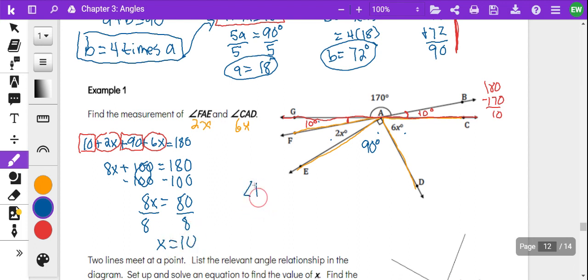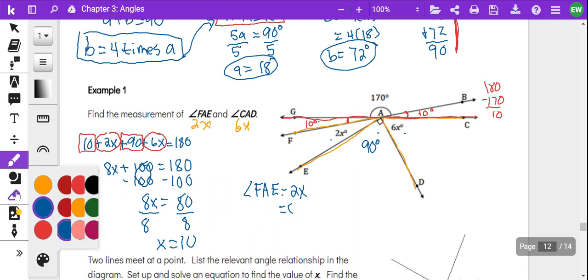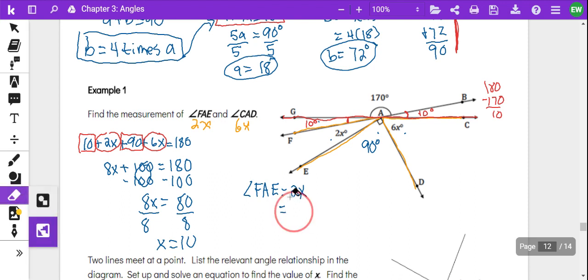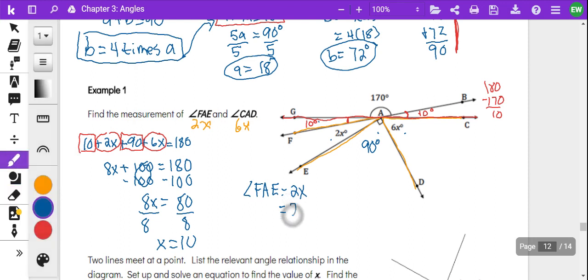So angle FAE is equal to 2x. So 2 times 10 equals 20. So there's one.